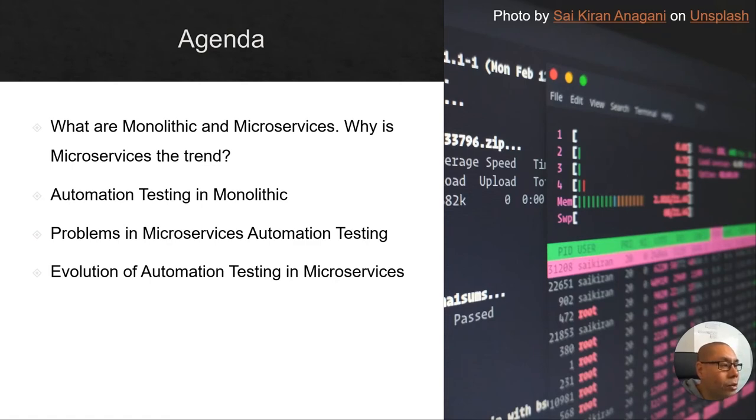And third, I will show some points of why we can't continue doing the same thing in the microservices ecosystem. In other words, what problems we are facing in the microservices ecosystem. At the end, let's talk about the best practice of automation testing in microservices architecture. These are today's 4 topics.